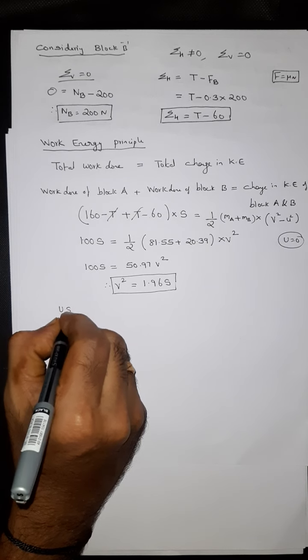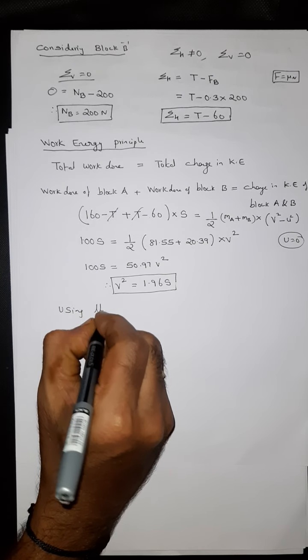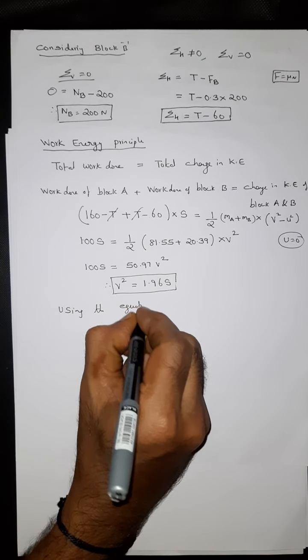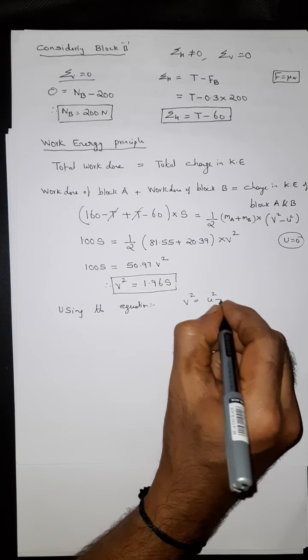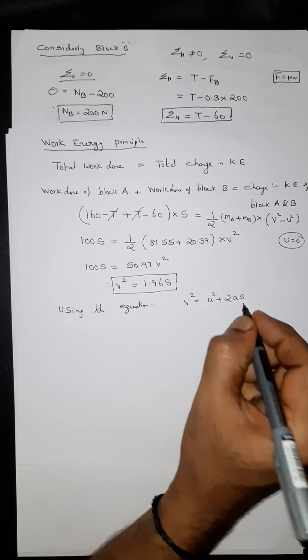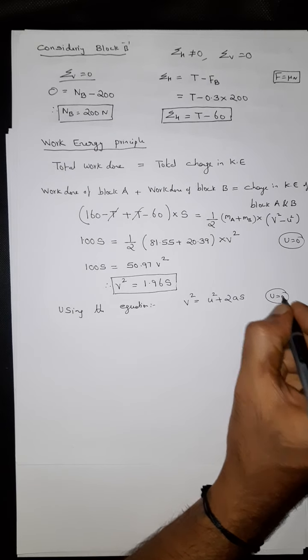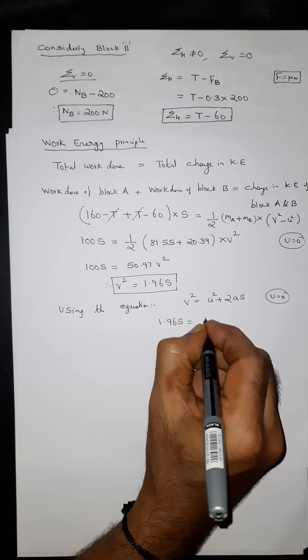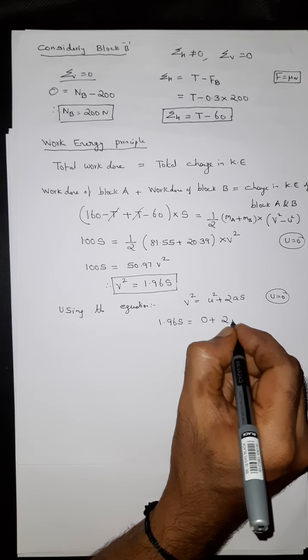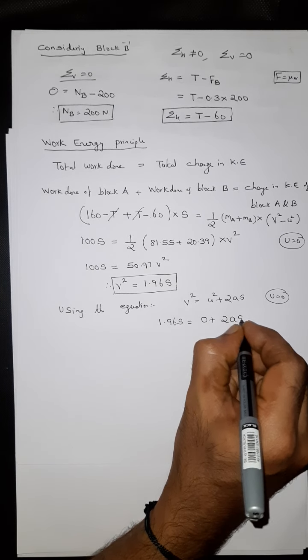Using the equation V square is equal to U square plus 2AS, U is equal to 0. So V square is equal to 1.96 S, equal to 0 plus 2AS.